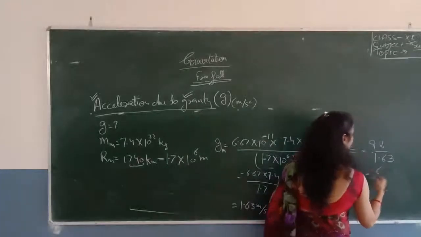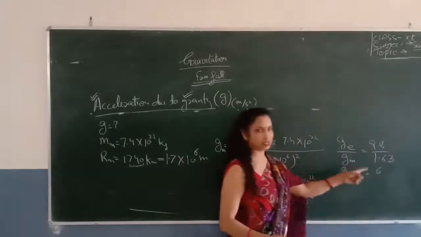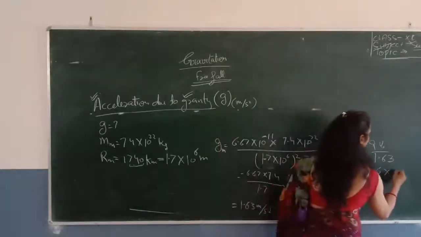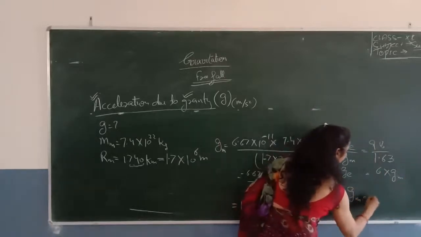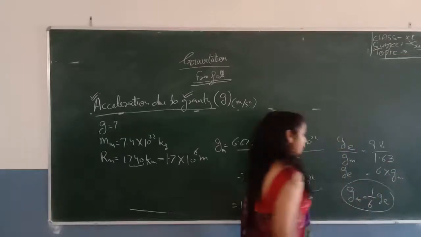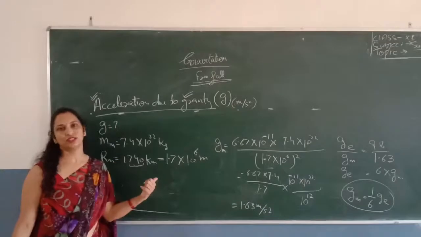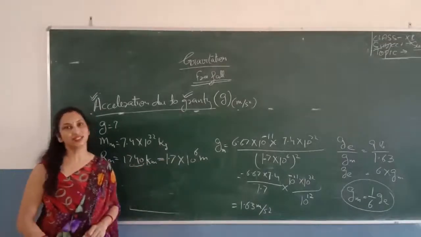So g on the earth upon g on the moon is equal to about 6, so we can say g on the moon is equal to 1 upon 6 times the g on the earth. The acceleration produced on the moon is 1 upon 6 times the acceleration produced on the earth.